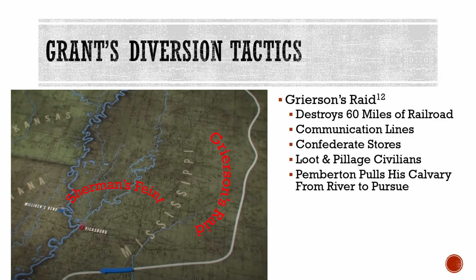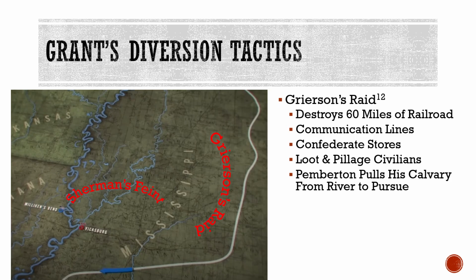It wipes out many Confederate stores. It also causes looting and pillaging of civilians. In response, General Pemberton pulls his cavalry from the river to pursue, which left basically the shoreline open for Grant's people to land at.